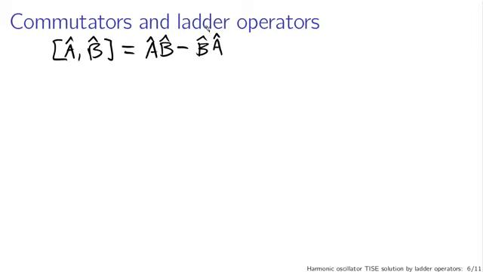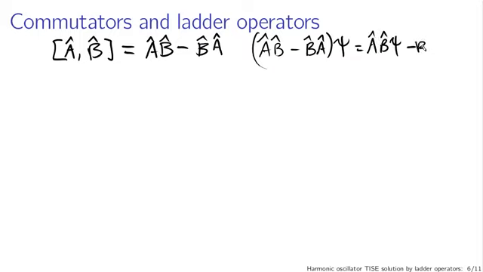And I would subtract that from what I get if I let B act and then A act. Just to make that a little more explicit, if I had A, B minus B, A acting on some wave function, I would say that's A, B, psi minus B, A, psi. You don't necessarily get the same answer for both of these things because the order in which operators act is important.